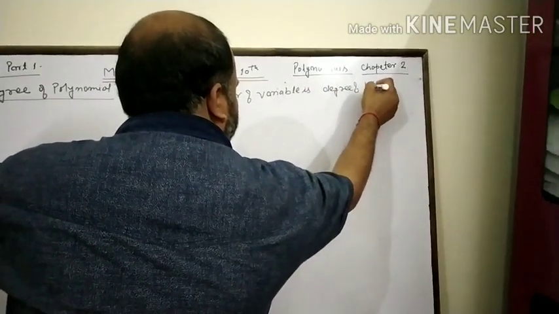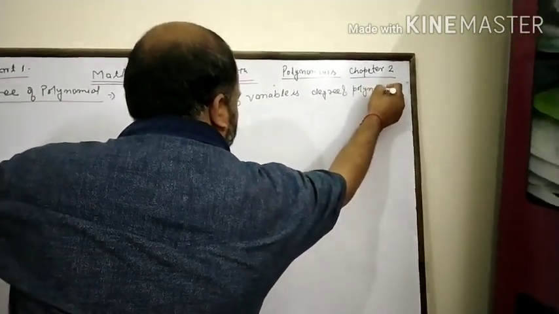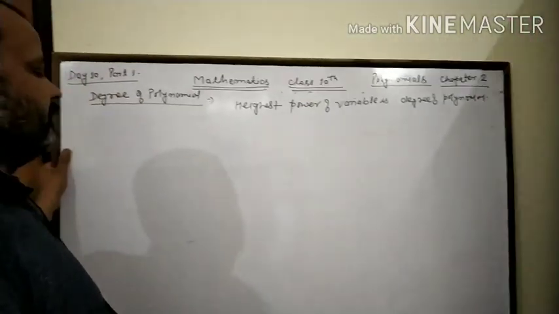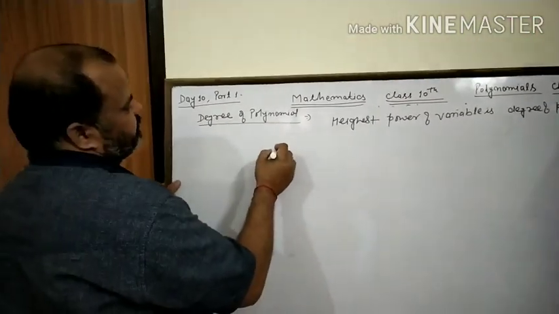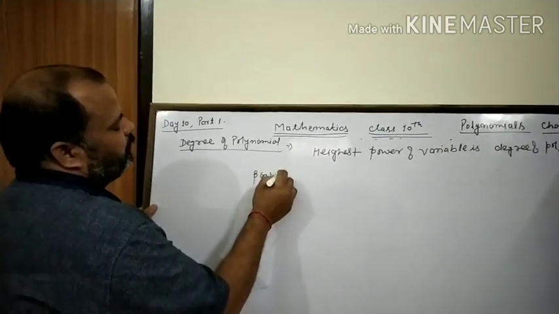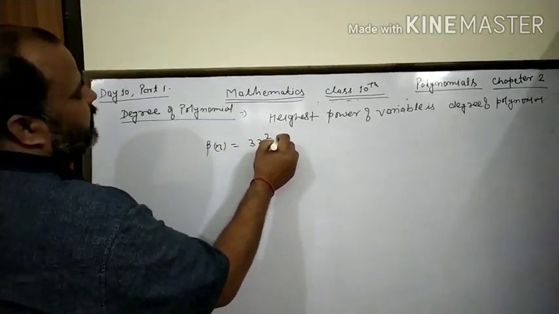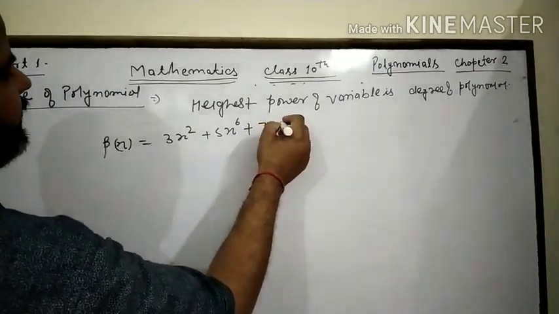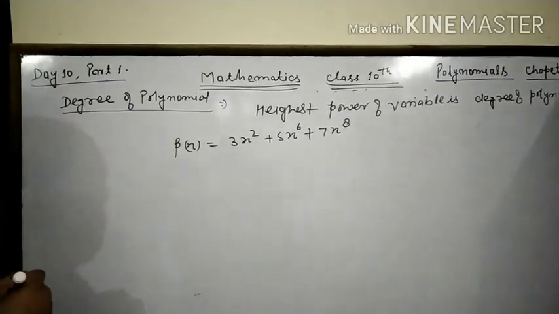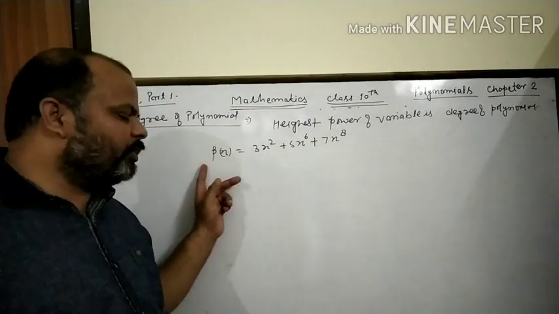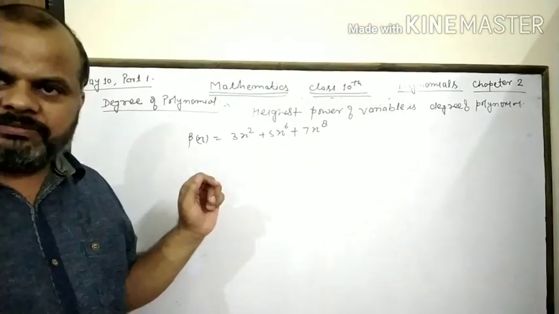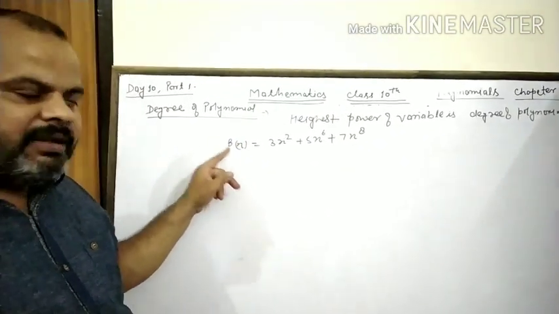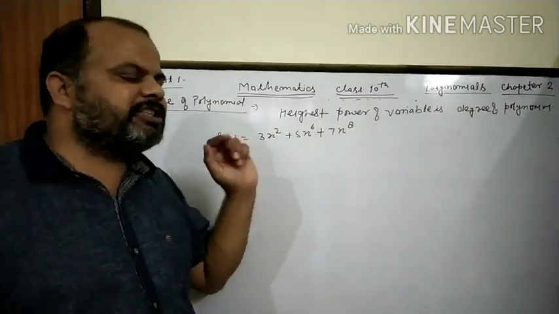Degree of polynomial. Clear? Suppose p(x) = 3x square plus 5x to the power 6 plus 7x to the power 8. Then this polynomial is in variable x because here x is given. Then we check what the highest power is.